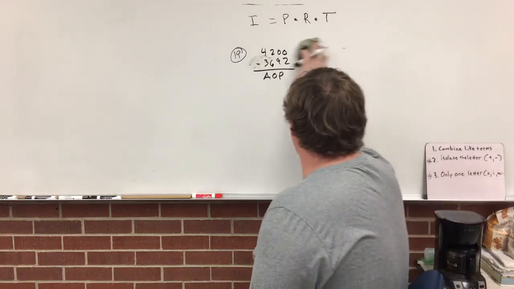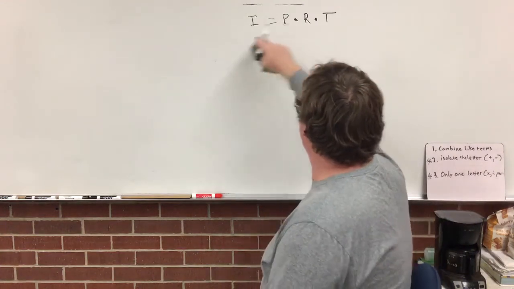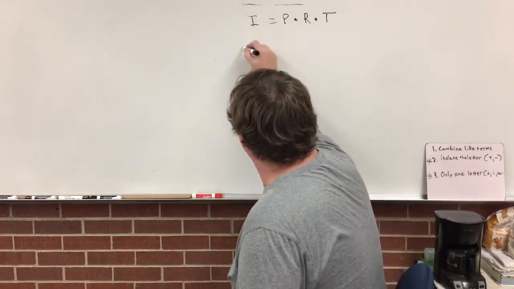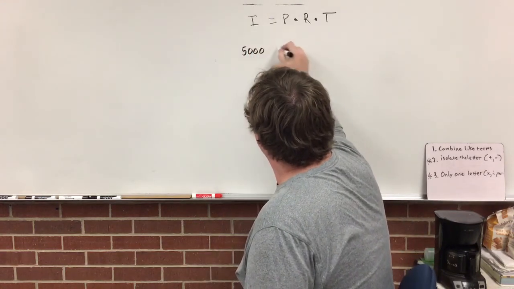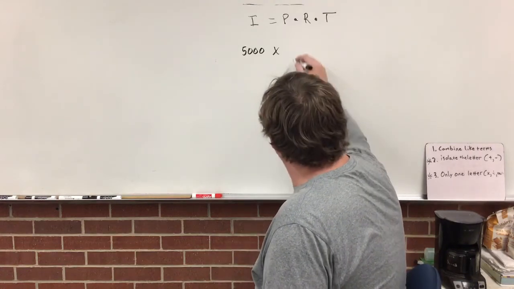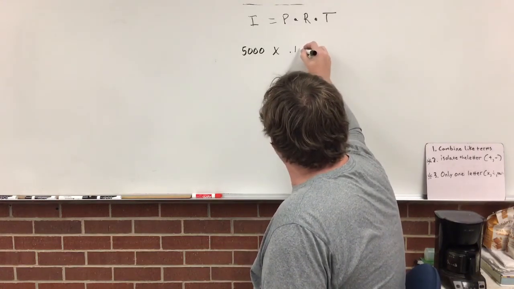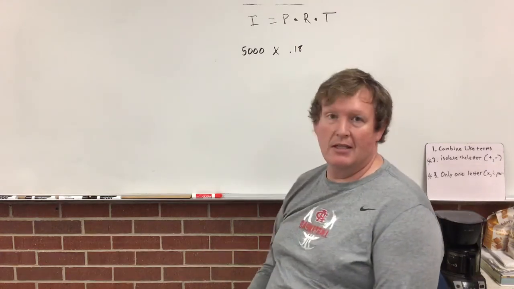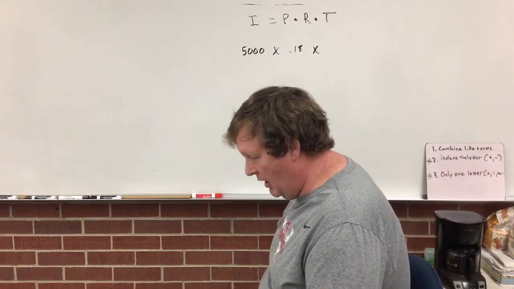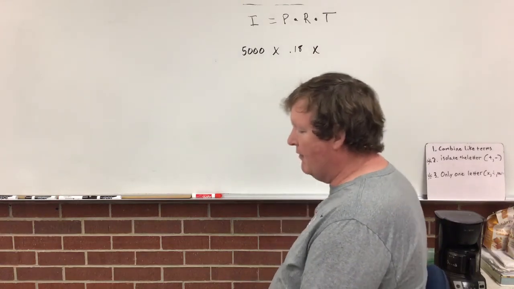All right, let's do the last one, which will use the formula that I have up here on top. How much simple interest is due on a $5,000 loan with an 18% rate? So I changed that to 0.18 as a decimal, times the amount of time that we're going to use. And it has on here 1.5 years.